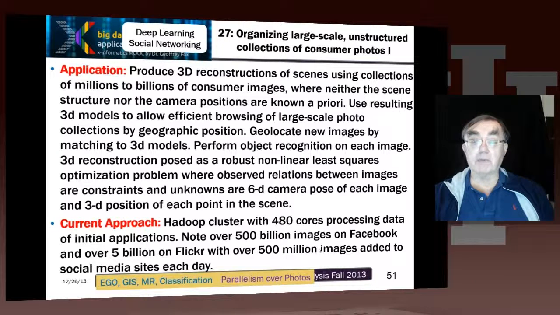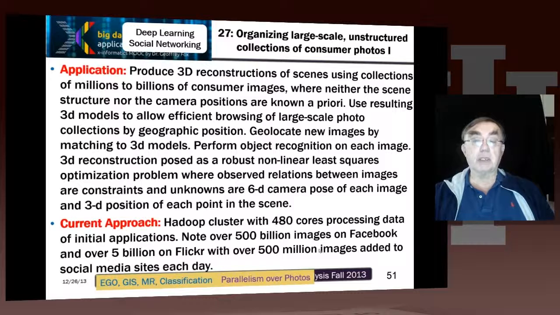Here's an application from David Crandall, an Indiana University faculty member, and he's looking at the plethora of images that we get from the web. One of his ideas is to be able to automate the relative location of images by effectively doing a fit of the scene implied by these images.